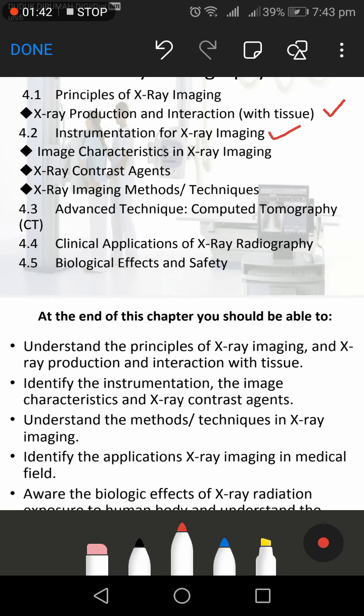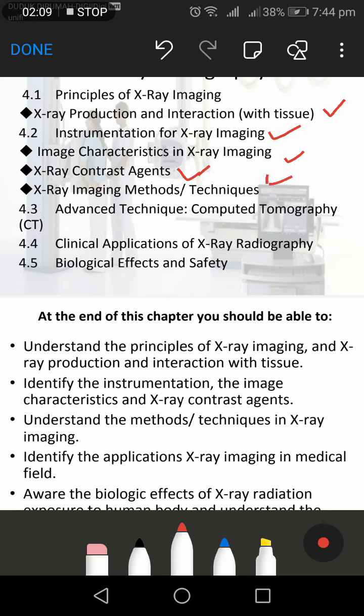After that, complete details on how the X-ray image characteristics as well as the contrast agents, and another complete explanation on the X-ray imaging methods and techniques.